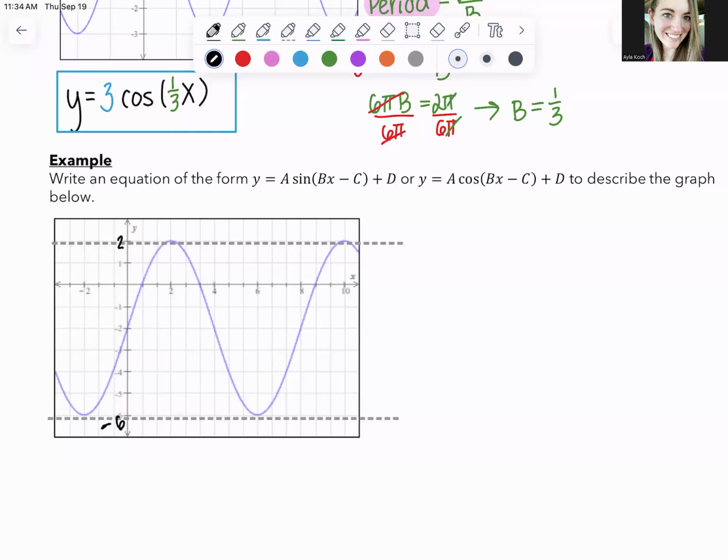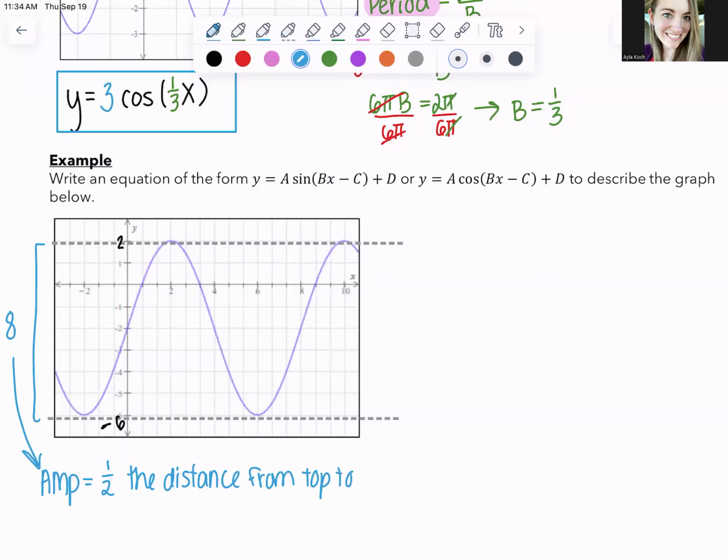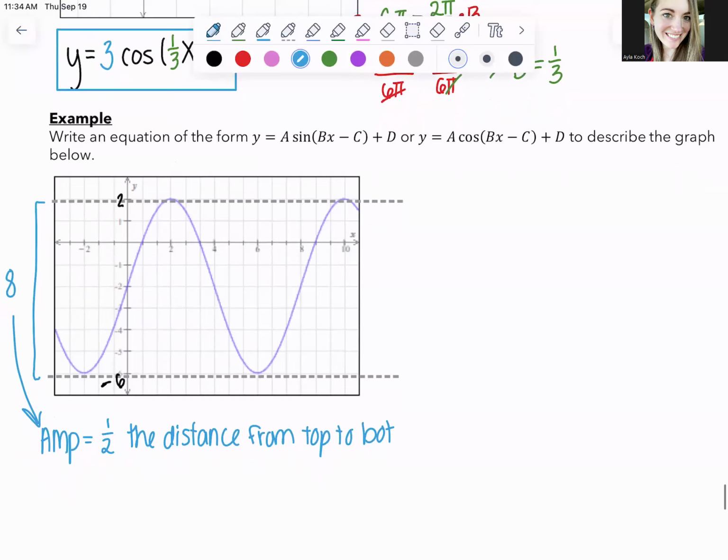We write 8, and we know amplitude is half of that total distance. Amplitude is half the distance from top to bottom.